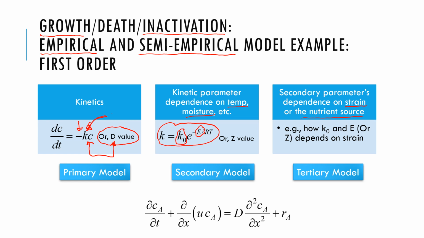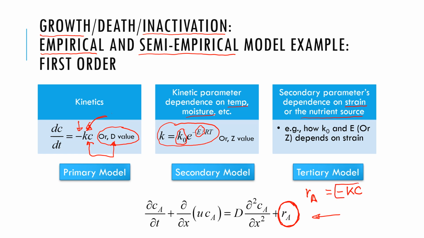Back to the transport equation here. What we just discussed, how would they be incorporated in this transport equation for the bacteria? You notice that they will be part of the source term, and in this case it's a negative source term because it's an inactivation. So this Ra is going to be equal to, for this first order reaction or pseudo reaction that we just talked about, minus Kc.